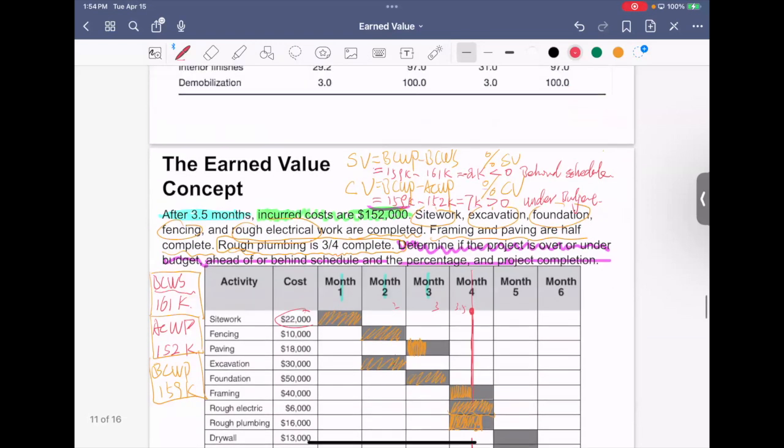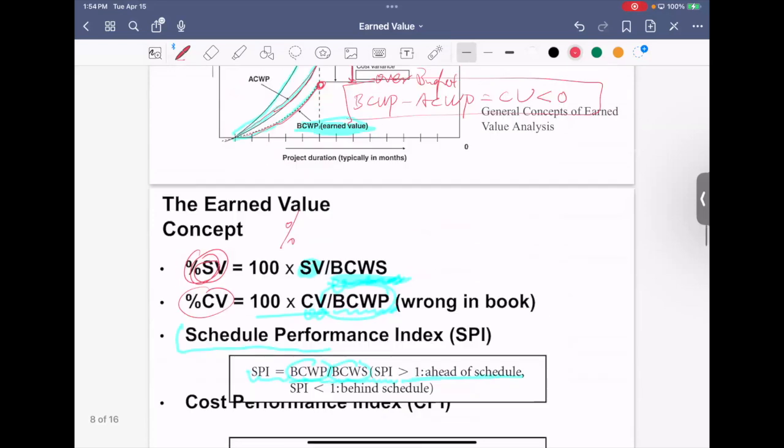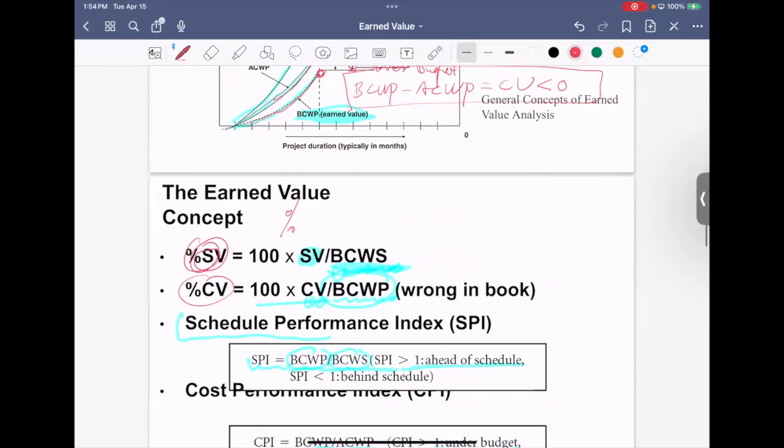So let's come back here. Is equal to SV divided by what? And here it's just flip, right?